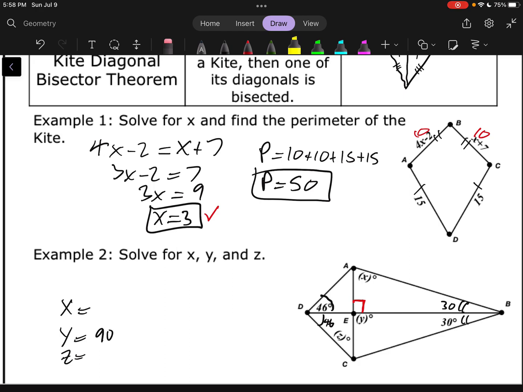So what I'm looking at right now is this triangle. The triangle sum theorem says that all three angles have to add up to 180. So I know that x plus 90 plus 30 equals 180. That's 120, so x must be 60.